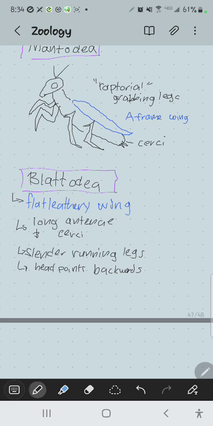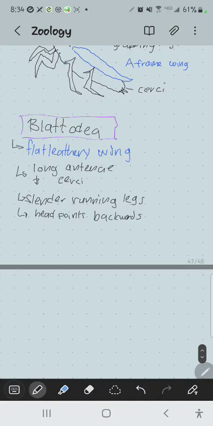It's kind of like a mantis head, but the head is tucked back like that. Essentially, it's tucked underneath their first thoracic segment.